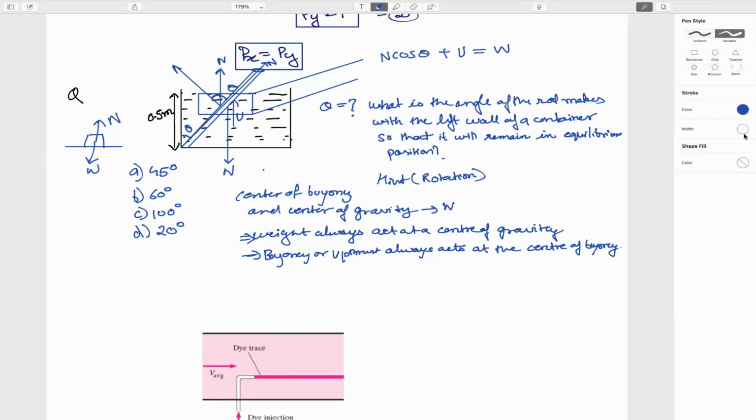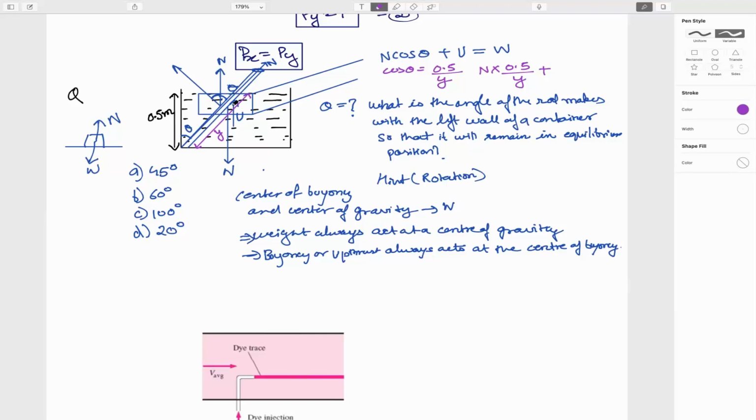Let me take another pen. So this is y. So cos theta is nothing but 0.5 divided by y. Okay, so N into 0.5 divided by y plus upthrust. The upthrust is because of the volume that is displaced by the rod.